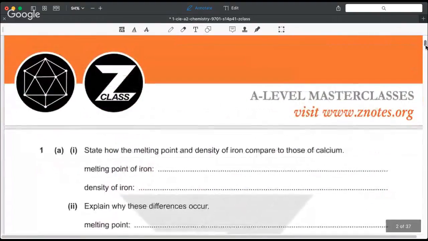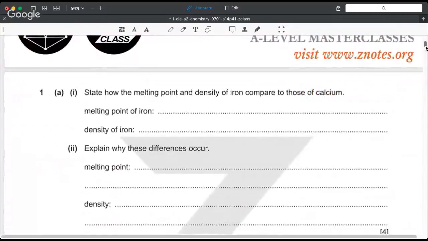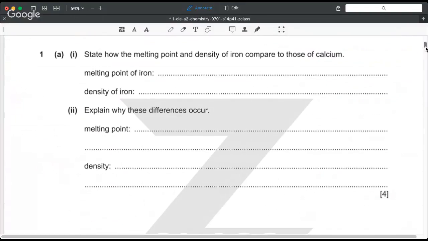Okay, so these first two, both the melting point and the density of iron are greater than calcium. And then you have to explain why you made that decision. And what you want to work on here is talking about ionic radius. They might penalize you if you talked about atomic radius, because in the metal, you've got metal cations surrounded by delocalized electrons. And so you're talking about the ionic radius rather than the atomic radius.